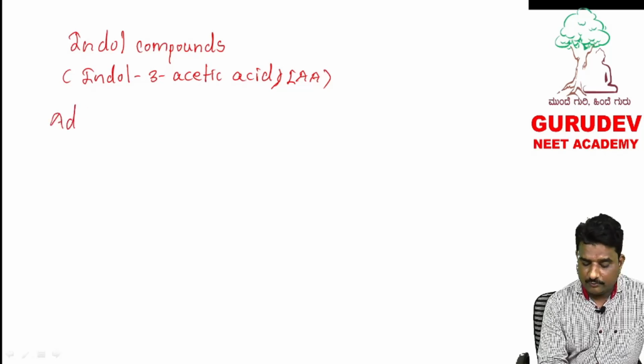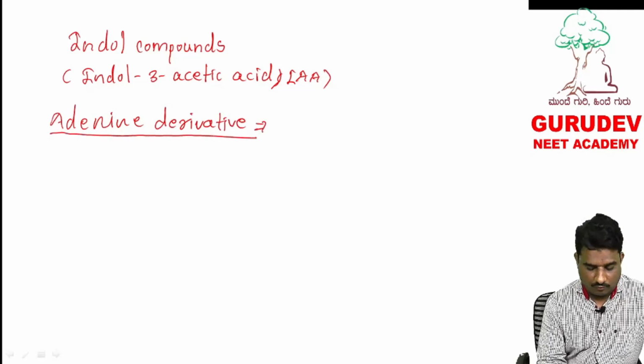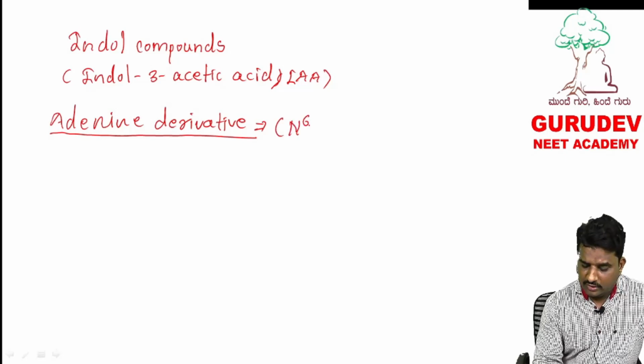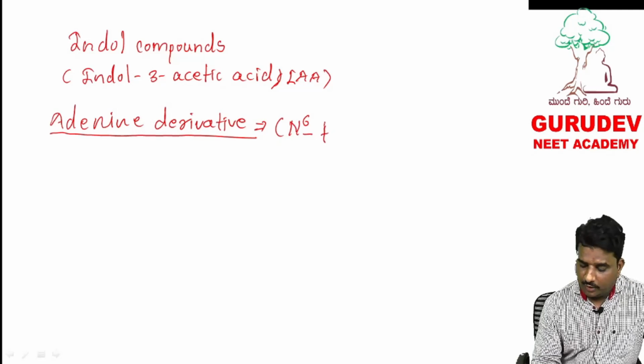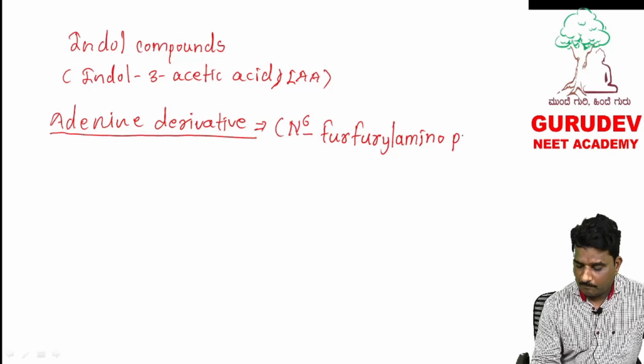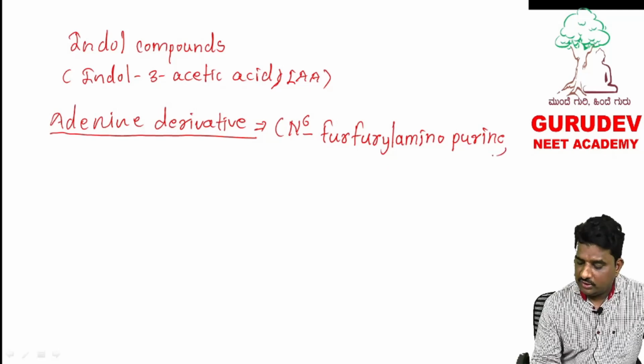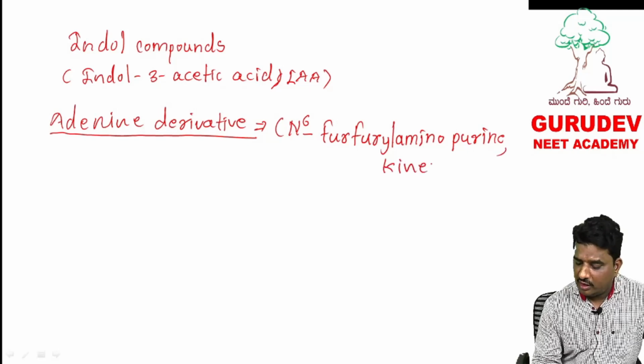Adenine derivative. Adenine derivatives are N6-furfurylaminopurine, aminopurine, which is commonly called kinetin hormone.